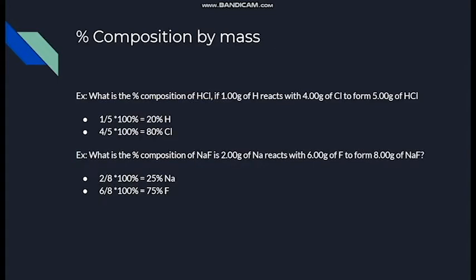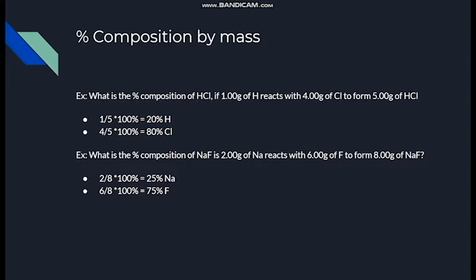Quick examples, just to understand what I was talking about earlier. If we're looking at the percent composition of hydrochloric acid, or HCl, with 1 gram of hydrogen reacting with 4 grams of chlorine to form 5.00 grams of HCl, to find the percent composition of each of the two elements, we take the mass of hydrogen and divide it by the total mass of the compound.